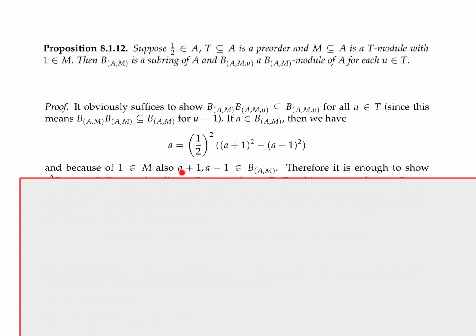because 1 lies in M, we see that if A is in BAM, then also A plus 1 and A minus 1 are in BAM, right? Also easy to see.